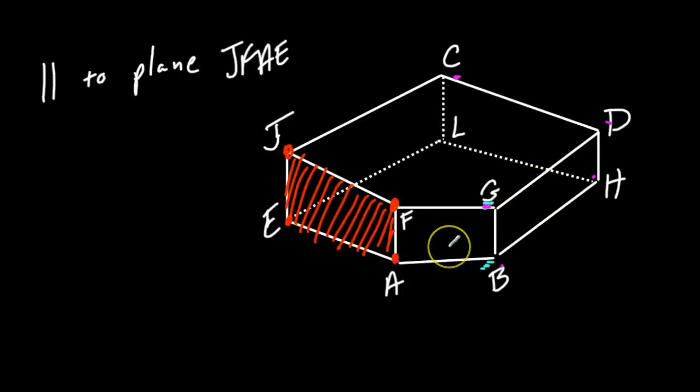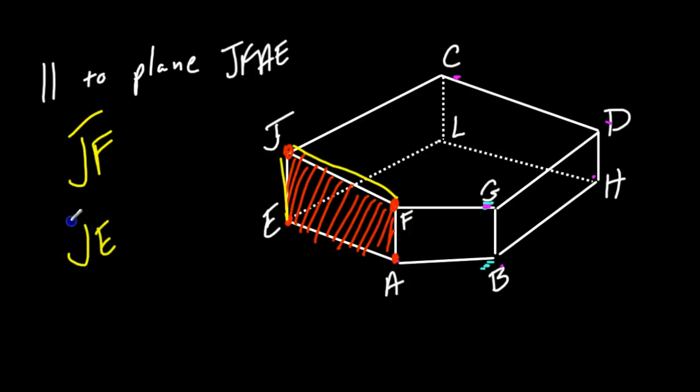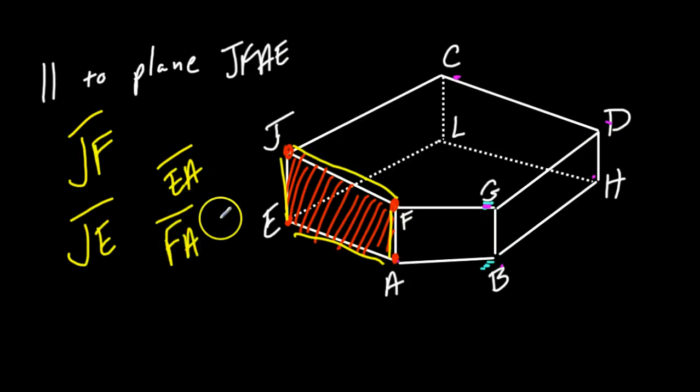Well, none of those planes look like they go in the exact same direction, so actually it's just going to be the lines that are on that plane. We got JF, or we could use JE. We could even use EA. And the last one we could use is FA. Those are the only ones that actually go in the exact same direction as that plane.